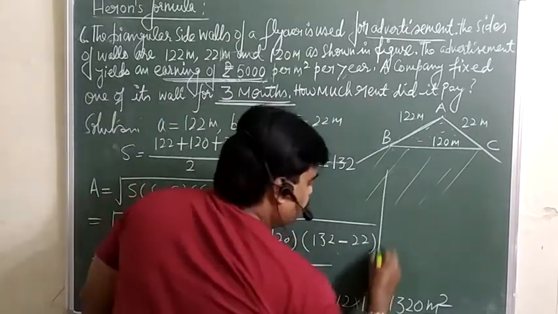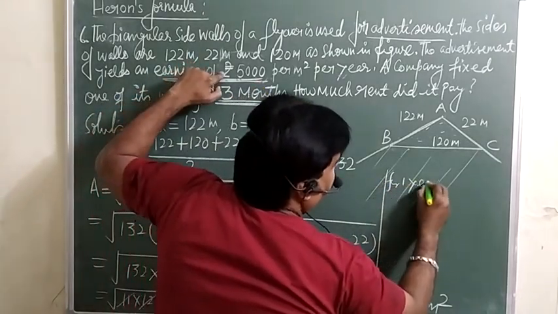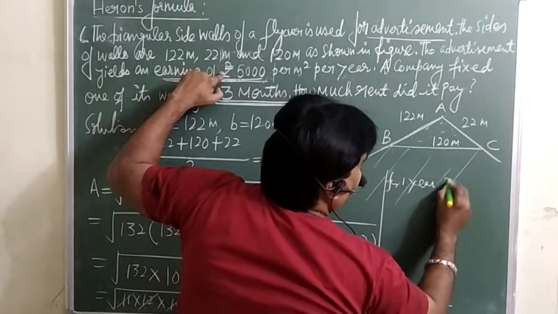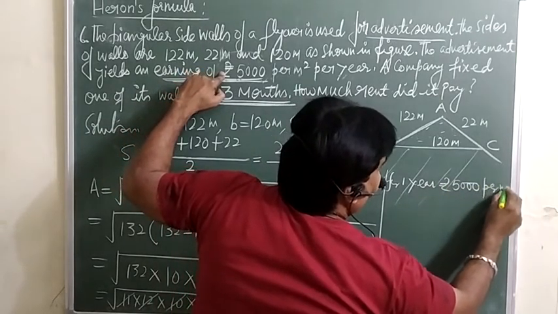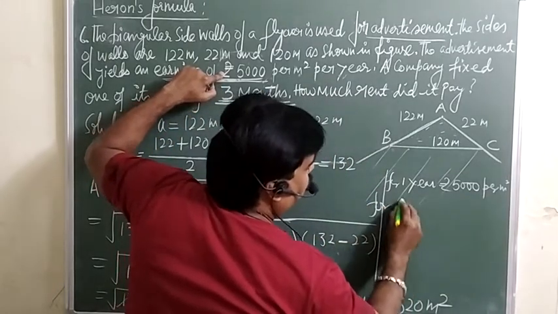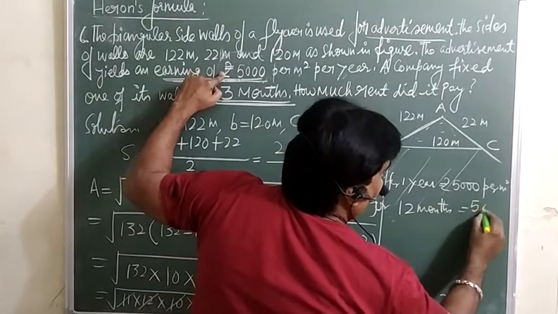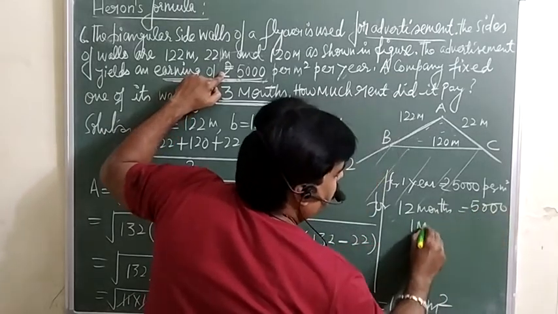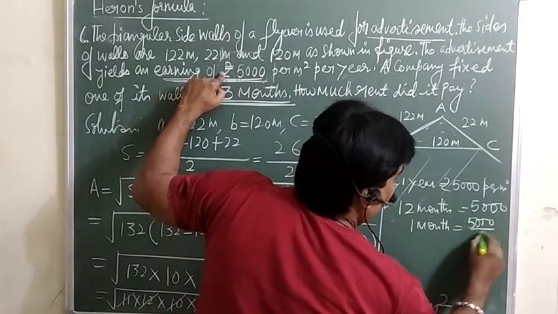So look at here now. First of all, for 1 year, we are going to pay rupees 5,000 per meter square. Means for 12 months के लिए we are going to pay the 5,000 rupees. So for 1 month, how much we will pay? 5,000 over 12.